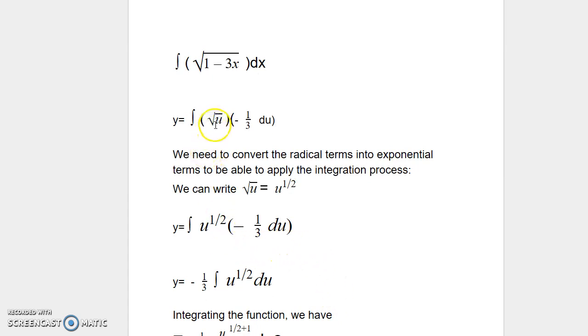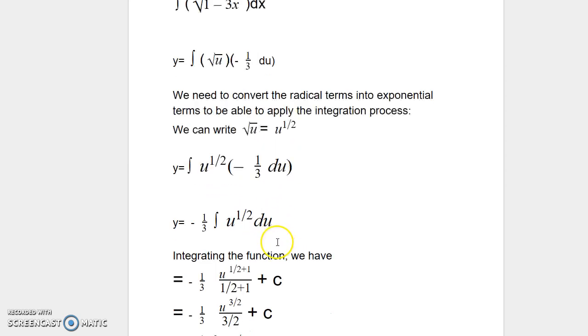So instead of square root of u, I'm going to replace that by u to the power of half, and then the next term is minus 1 over 3 du. Since minus 1 over 3 is a constant, I'm going to take it outside of the integral: minus 1 over 3 integral u to the power of half du.